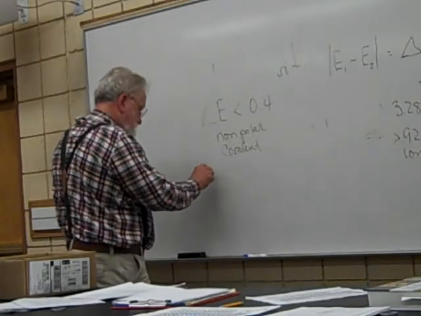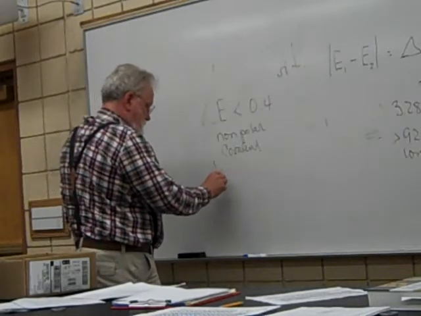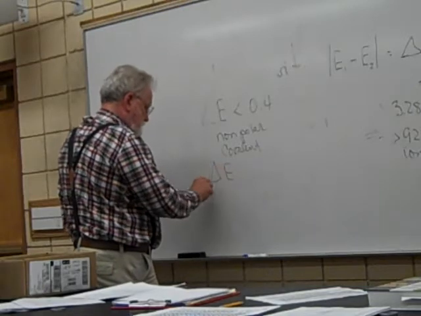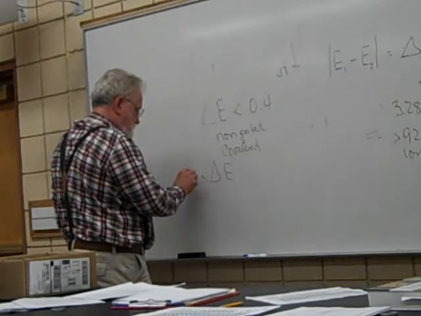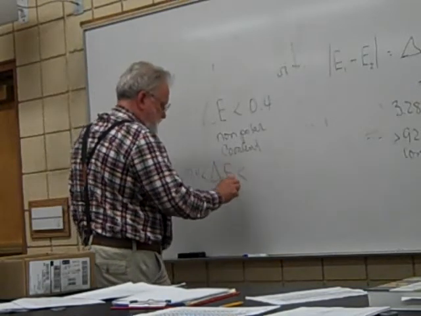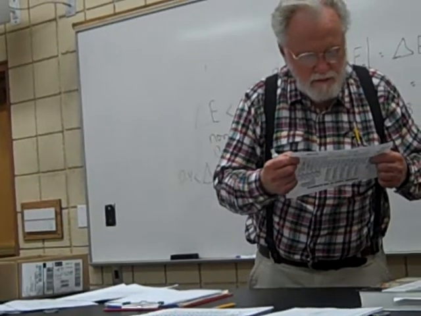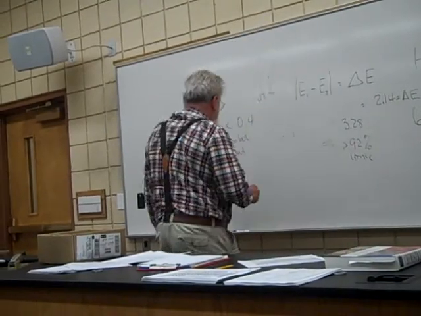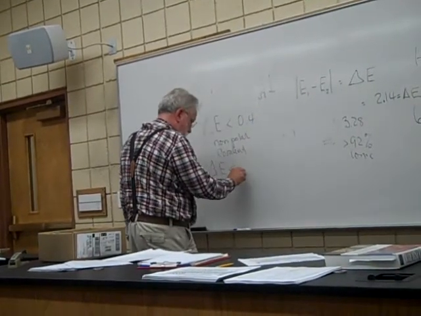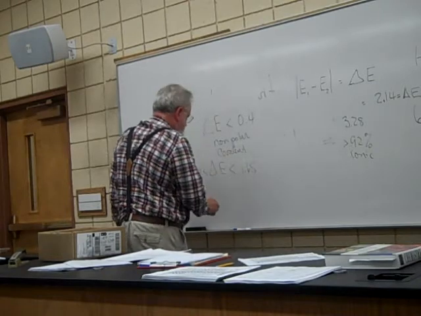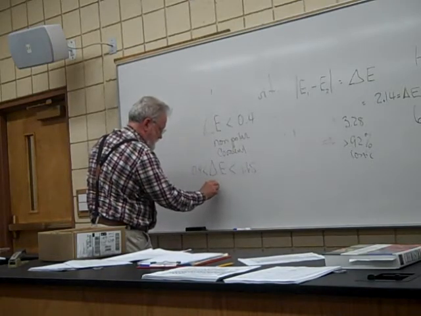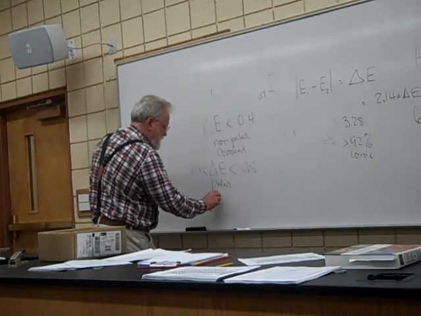For delta E greater than 0.4 and less than, and now we need to find the 50% point on the scale, we'll say 1.65, this is polar covalent.